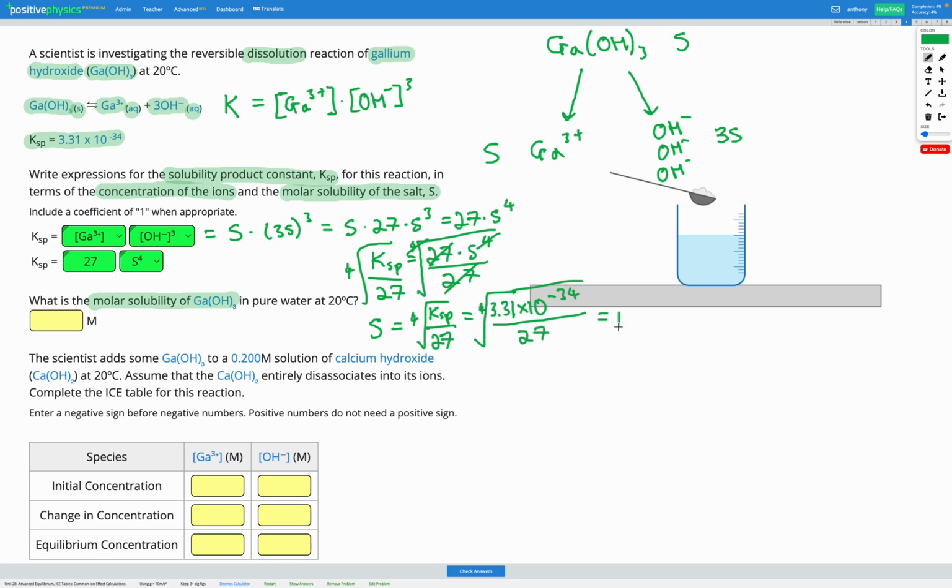That gets us 1.87 times 10 to the power of negative 9 for our molar solubility S of gallium hydroxide. So we can go ahead and fill that in over here in our answer box. We've got 1.87 times 10 to the power of, remember we write that as E on this platform, negative 9.